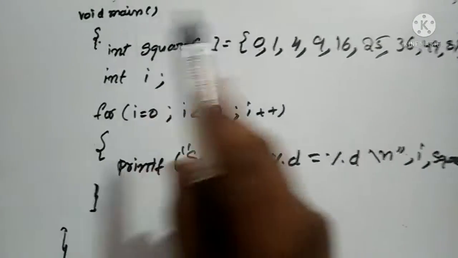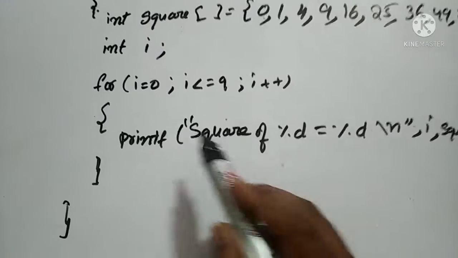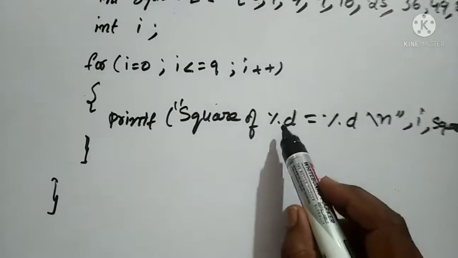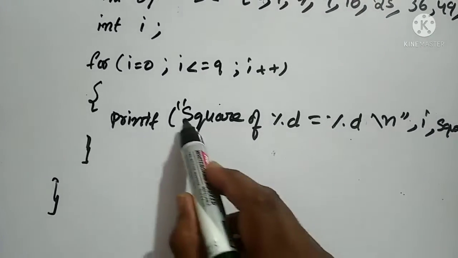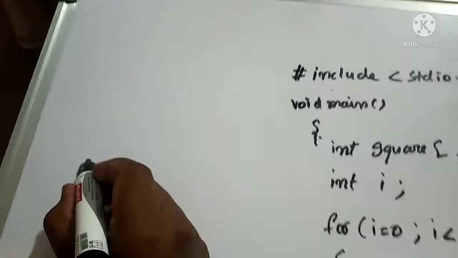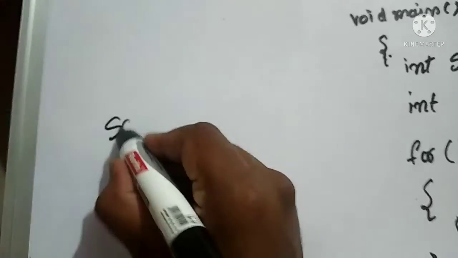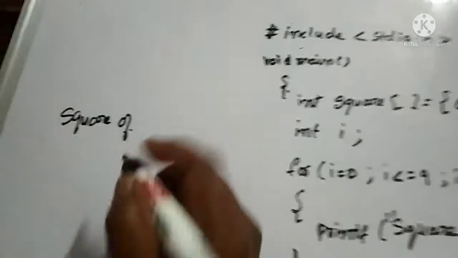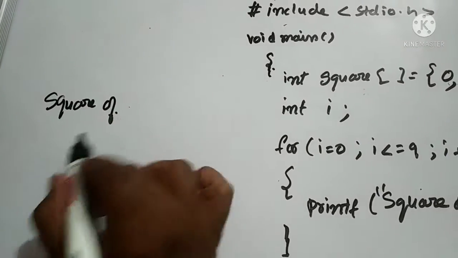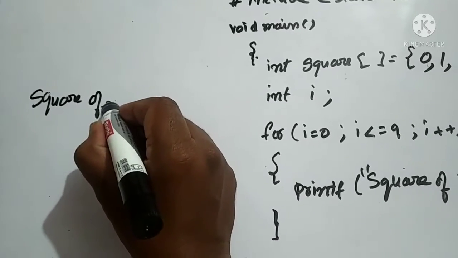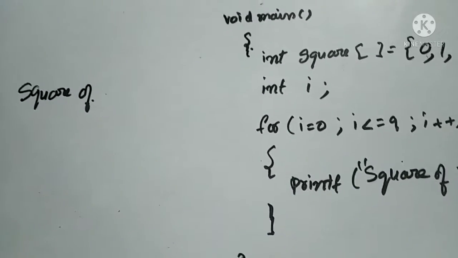Here, see what happens when the value of i is equal to 0. We have used two %d. Whatever we give here will be displayed in the same way. The result will be displayed like "square of", and in the place of the first %d we'll have i.